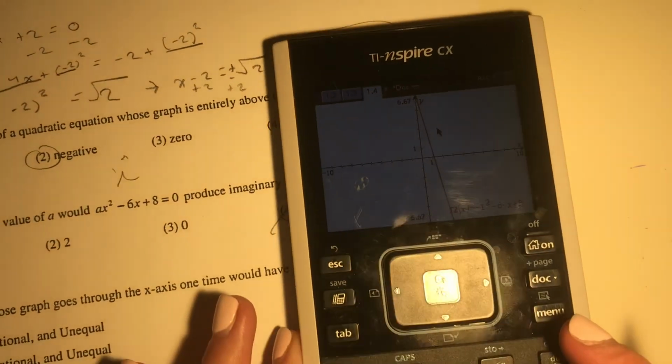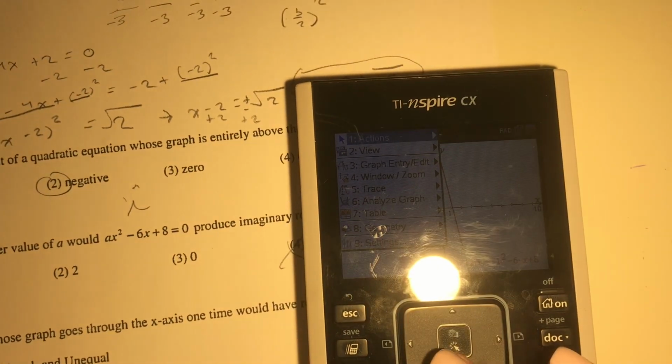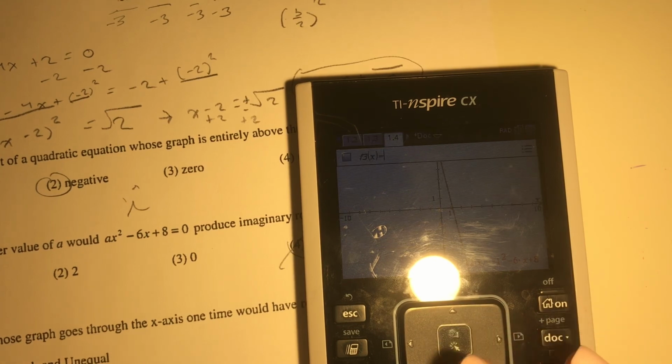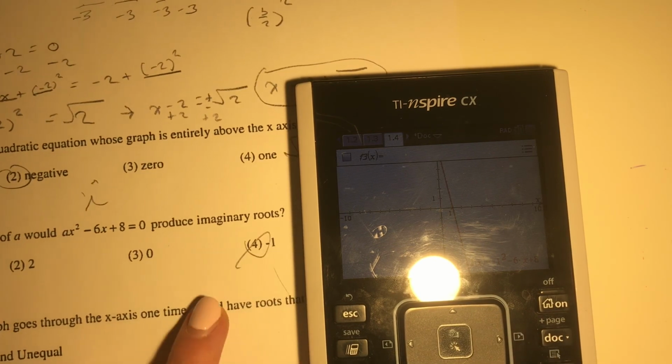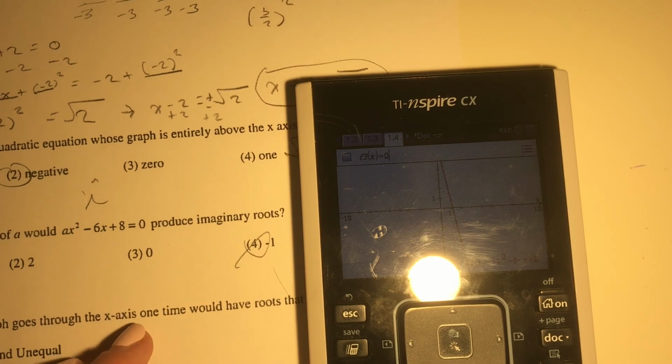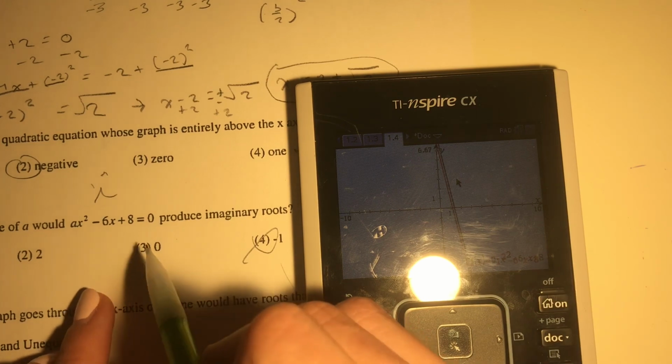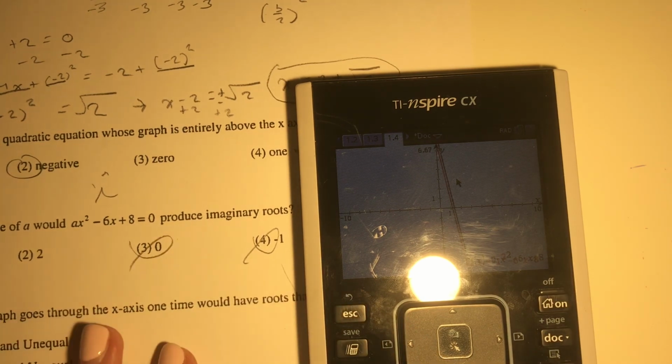I'm going to go to menu, graph entry, function, and then we can replace it with 0, so 0 x squared minus 6x plus 8. Okay, we get something out of that. That's not going to be one of them.